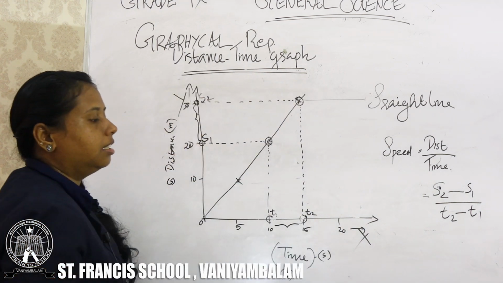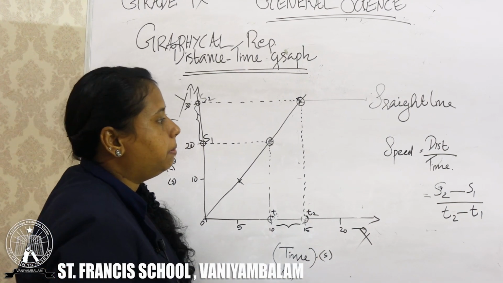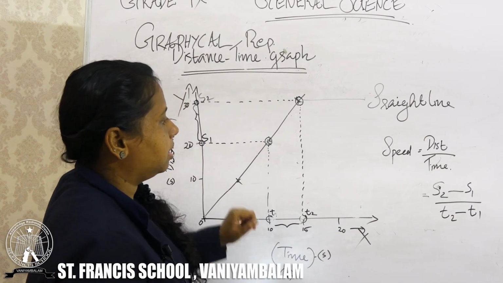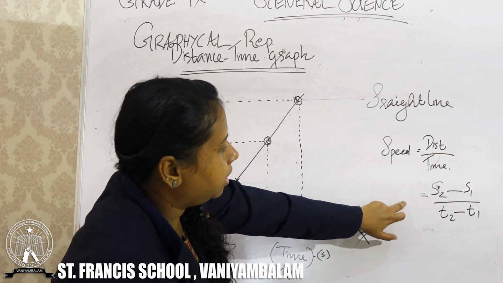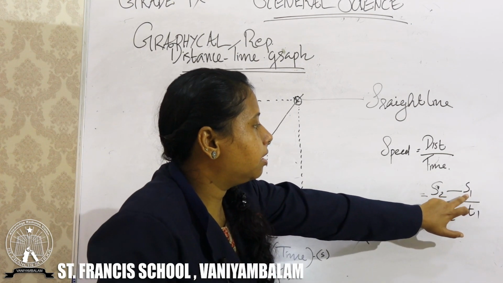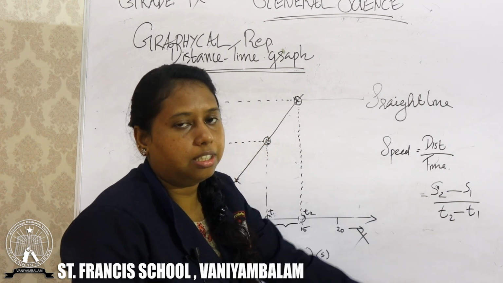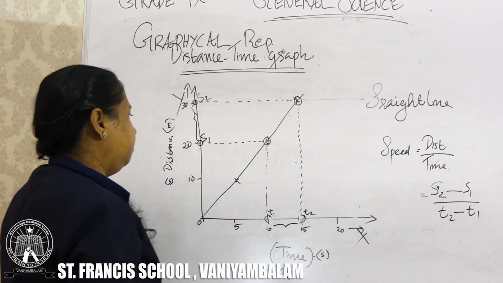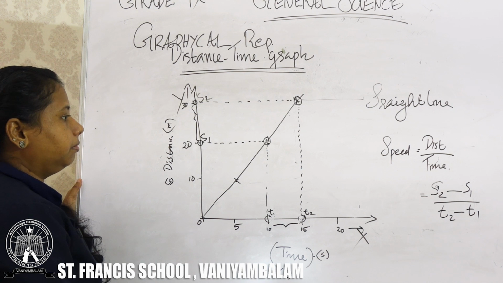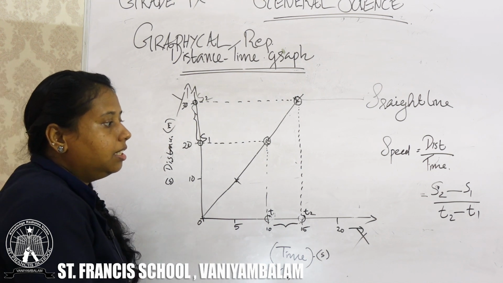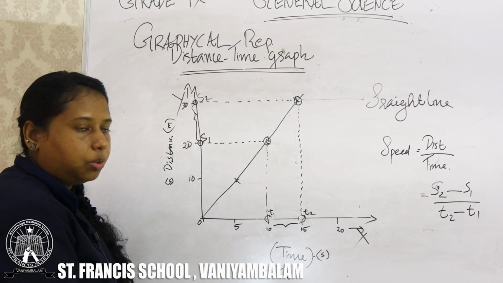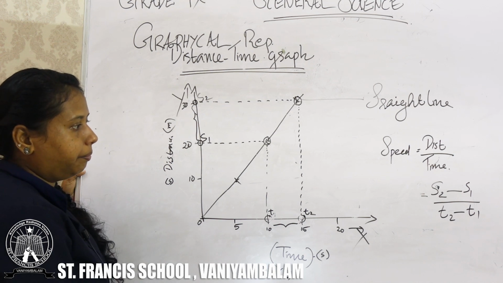This is time. So what is the speed that we are getting from this graph? The equation of the speed is S2 minus S1 all divided by T2 minus T1.